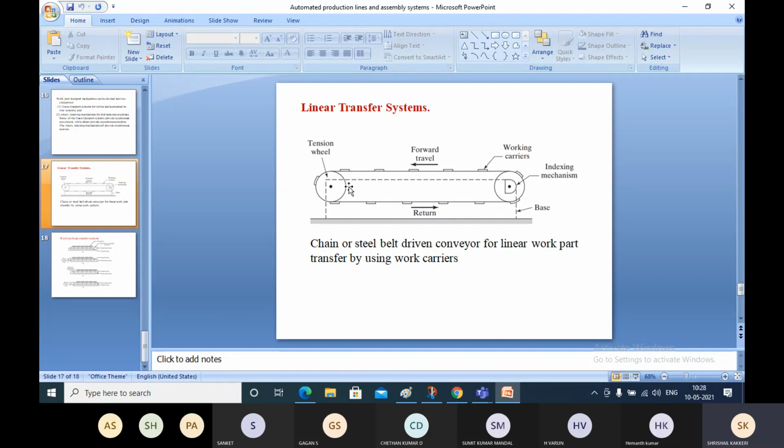Okay, and here there will be a tension wheel. Tension wheels will be used for the conveyors, because when the conveyors are used for many days, they lose their tension. You already know about slacking and sagging, the tight and loose sides. Due to this the belt will lose its tension, and the indexing mechanism will simply be rotating while the conveyor will not move because of the lesser tension.